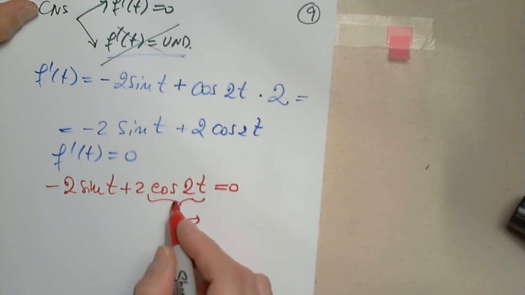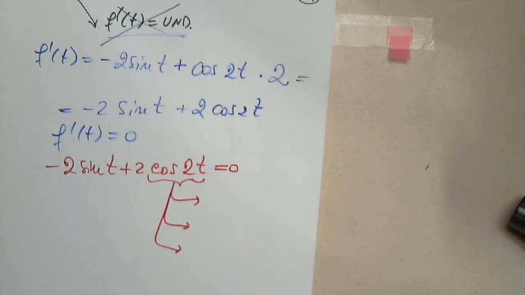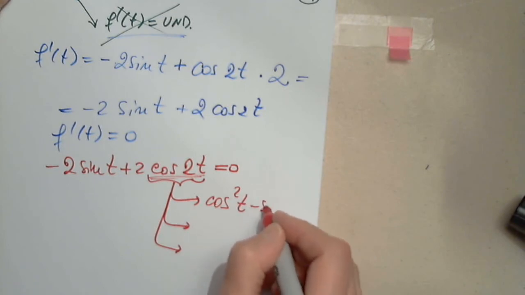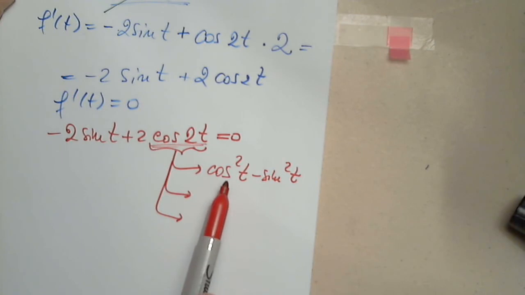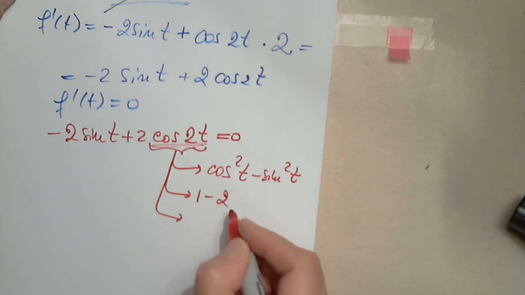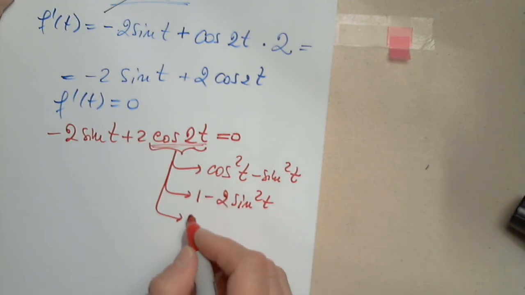And there are 3 different identities for this. They are pretty much the same, because they come from the same one. But if anyone remembers, cosine 2t is cosine squared t minus sine squared t. I can replace cosine squared t by 1 minus sine squared t, and then the formula becomes this, the identity. Or I can replace sine squared t by 1 minus cosine squared t, and it becomes this.